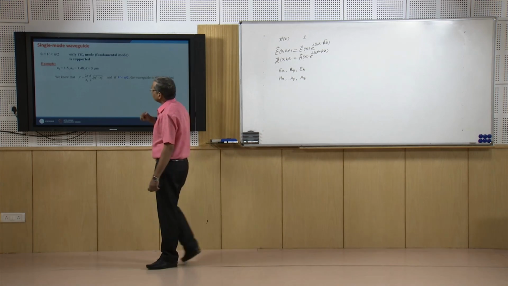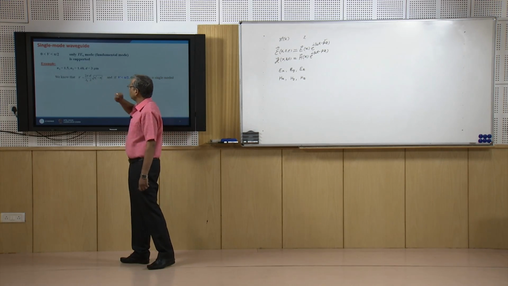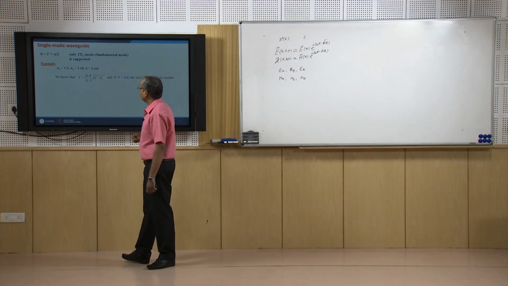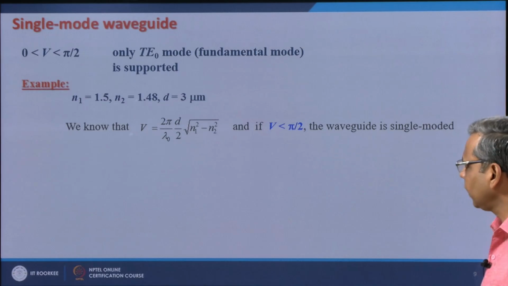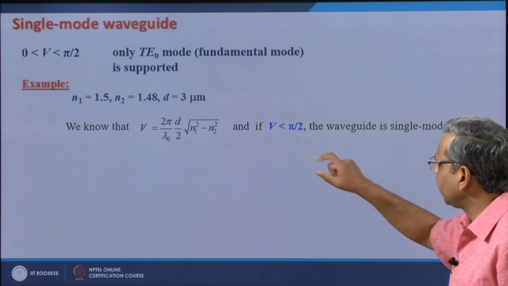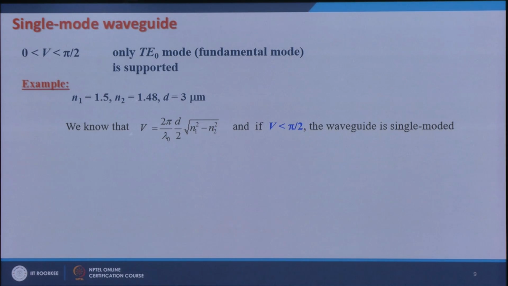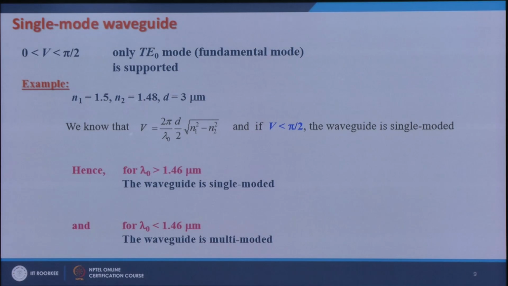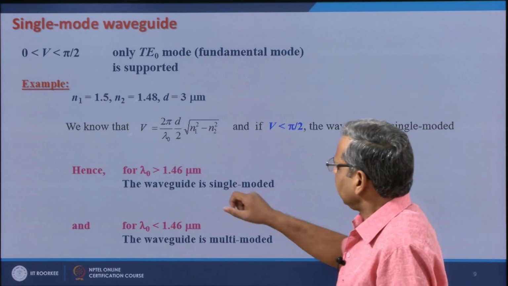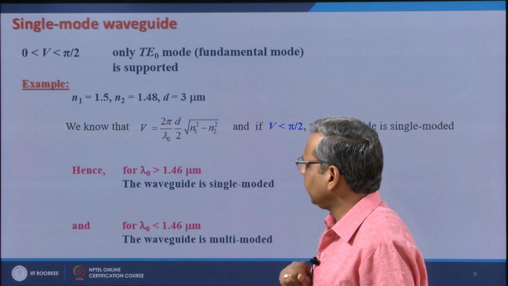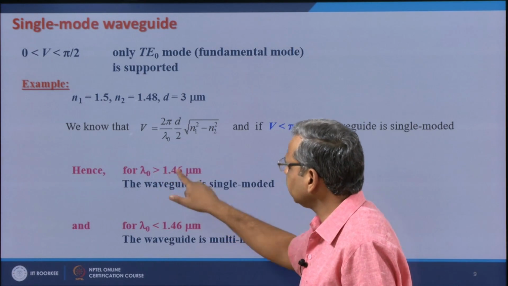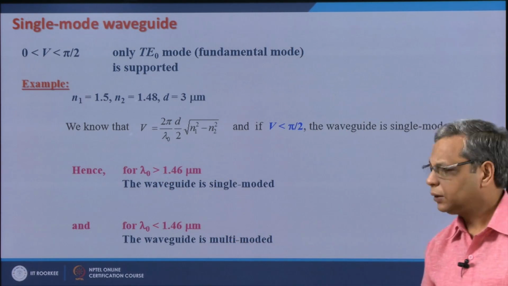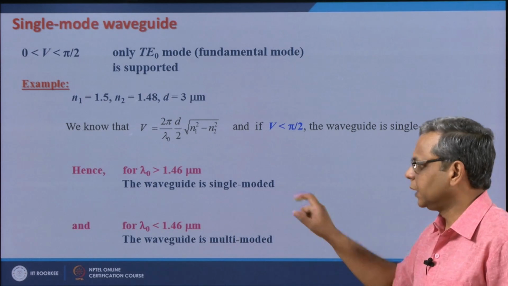I know that V is equal to 2 pi over lambda naught times D by 2 times the square root of N1 square minus N2 square, and if V is less than pi by 2, then the waveguide is single moded. Then this gives me that for these parameters of waveguide, if lambda naught is greater than 1.46 micrometer, then the waveguide is single moded.